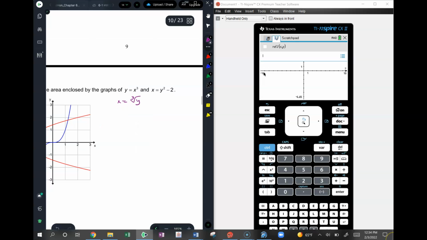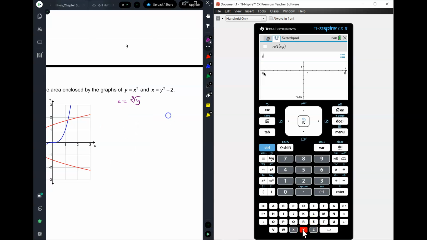So now you can literally type in y equals x cubed. And then go tab, relation 2, you can type in x equals y squared minus 2. So you don't have to solve it for whatever it is that you're graphing. You see that? Tell me that's not super cool.